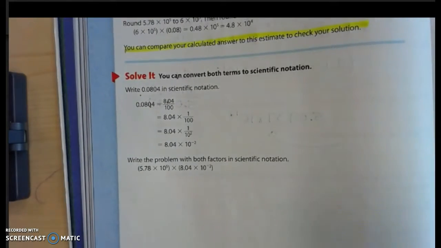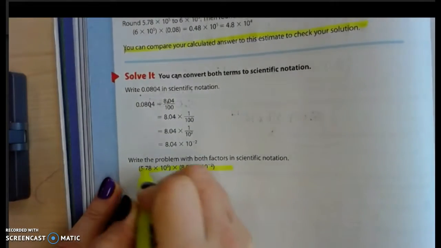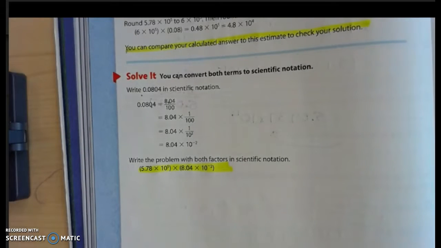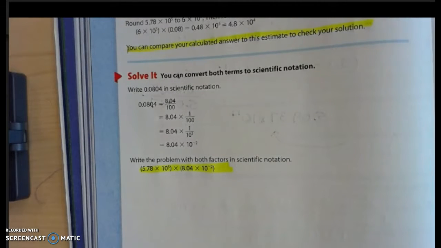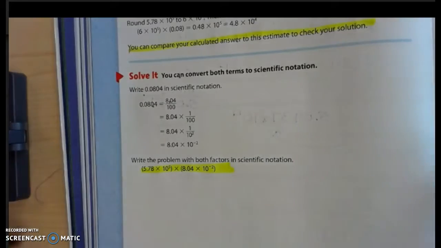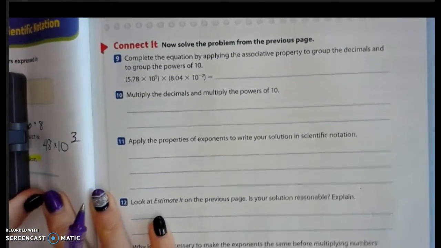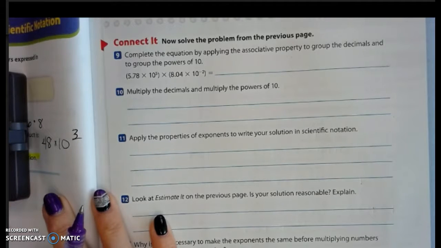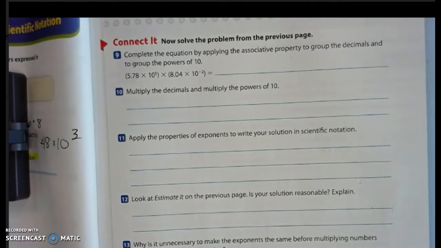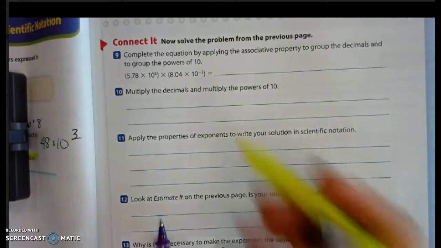Now, the point of all of that was to get us down here where our new problem is both numbers are in scientific notation and we are ready to multiply. Number 9 at the top of the next page says complete the equation by applying the associative property to group the decimals and to group the powers of 10. So they want us to rearrange this problem.